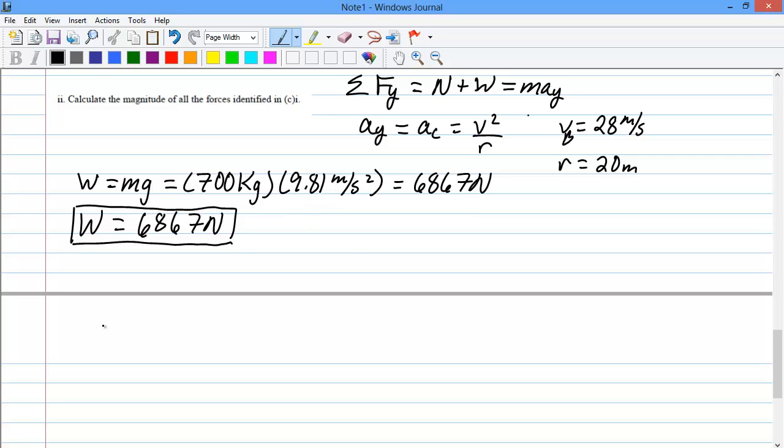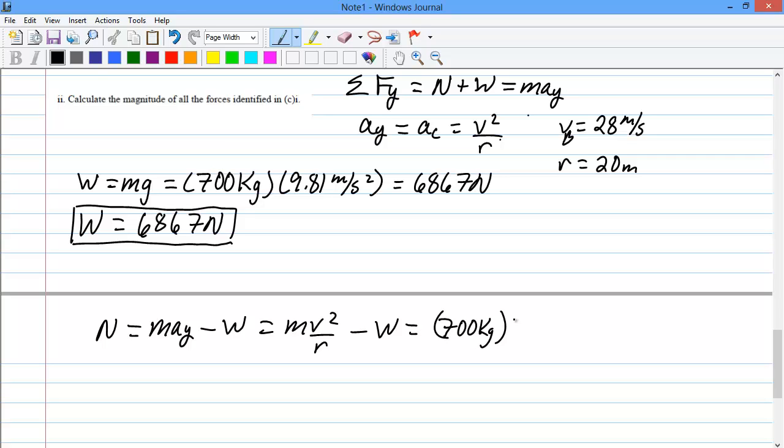The normal force from the above equation is equal to m a_y minus W. And we know that a_y is just V squared over R. So we have the mass, which is 700 kilograms, times the velocity, which is 28 meters per second, squared, divided by 20 meters, minus the 6,867 newtons.